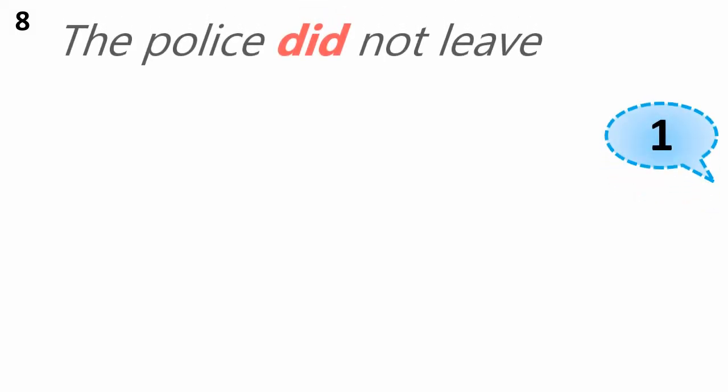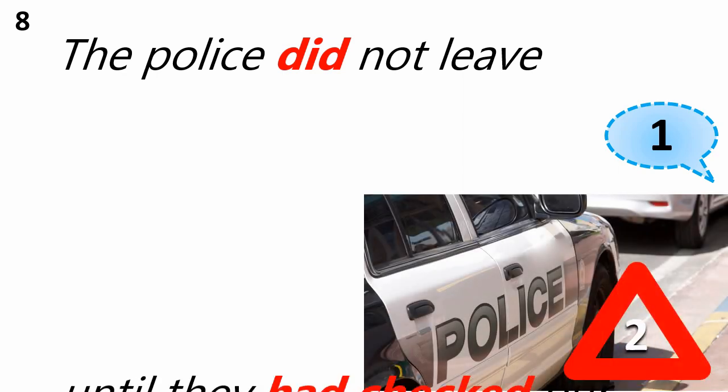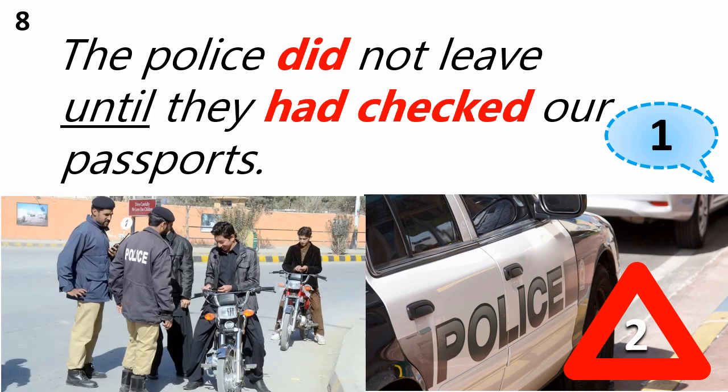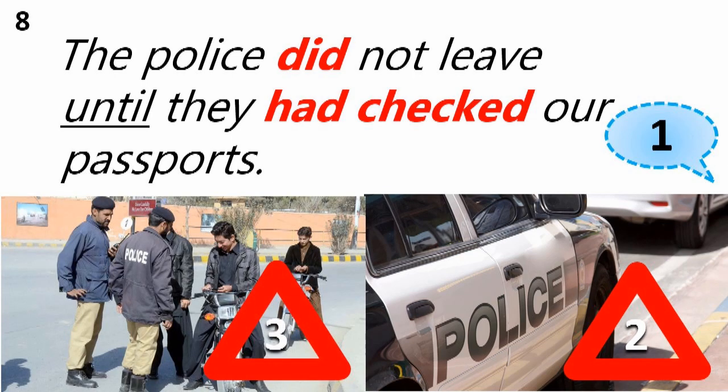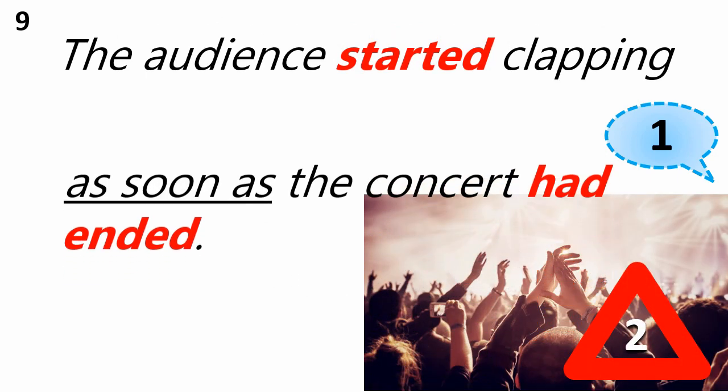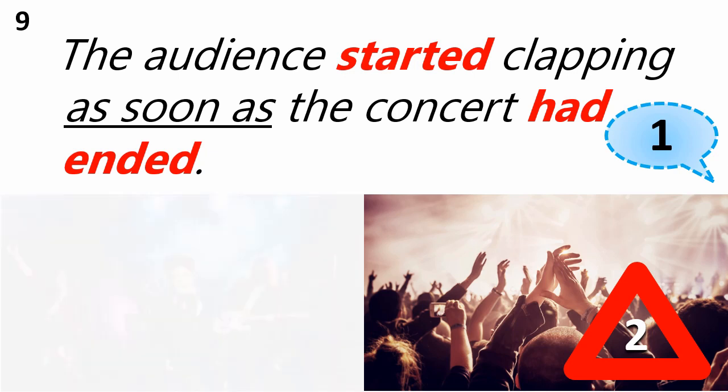Here are some more examples and different time expressions that are often used with a double red form with had. Number 8. The police did not leave until they had checked our passports. Number 9. The audience started clapping as soon as the concert had ended.